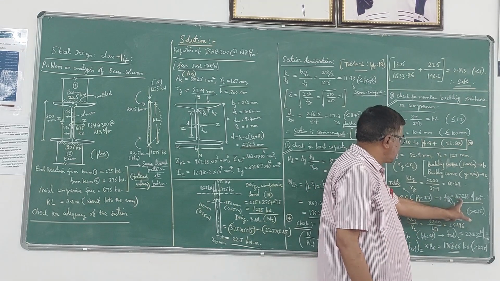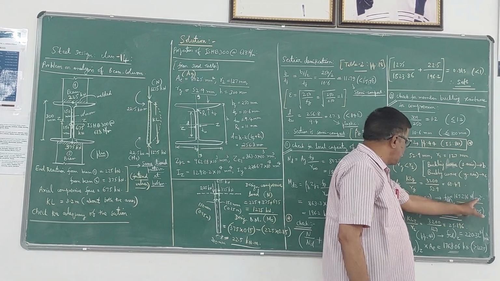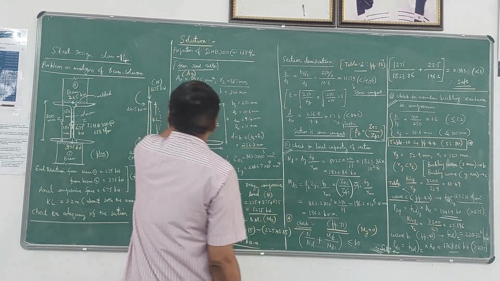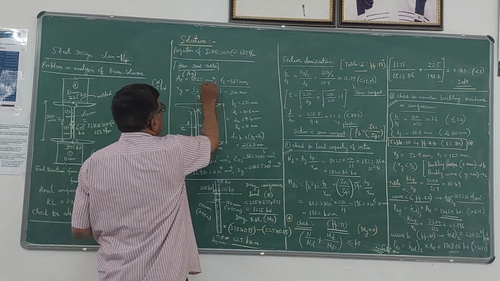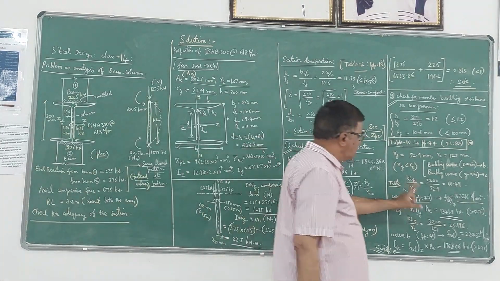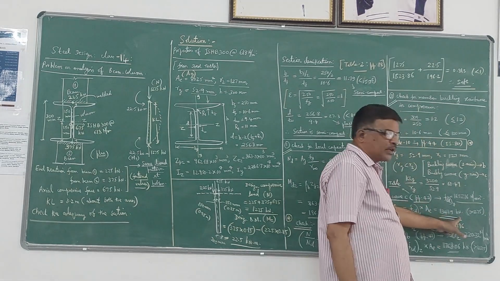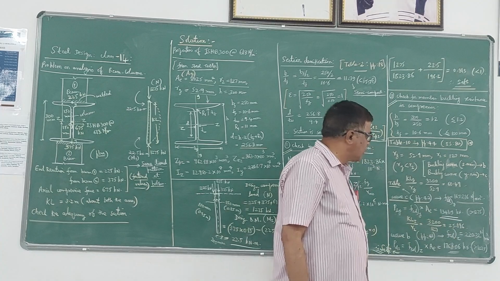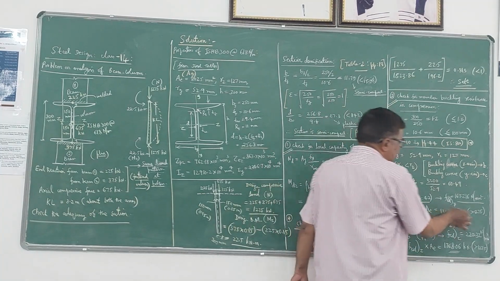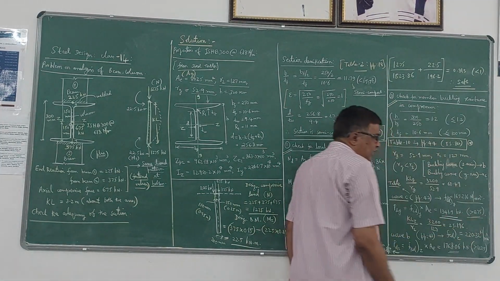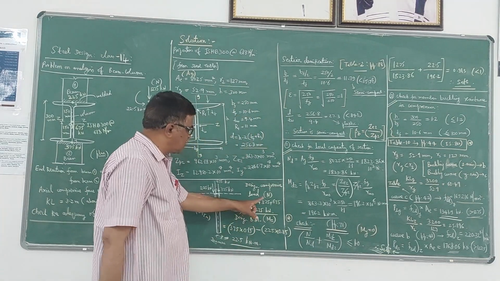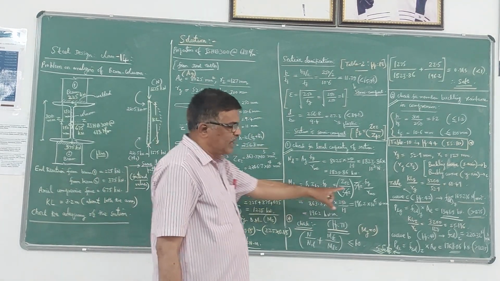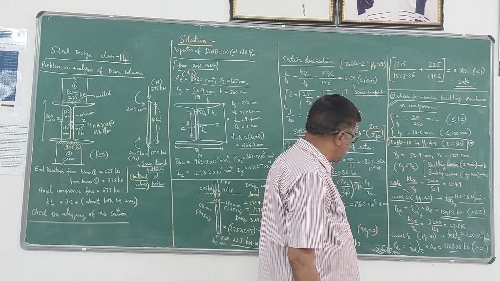That is 167.216 Newton per mm square into 8025 millimeter square, you get it in newtons, then convert it to kilonewtons. You get Pdy as 1341.9 kilonewton. It should be greater than the actual load coming on the column, which is 1275. It is greater here, therefore no problem, safe.